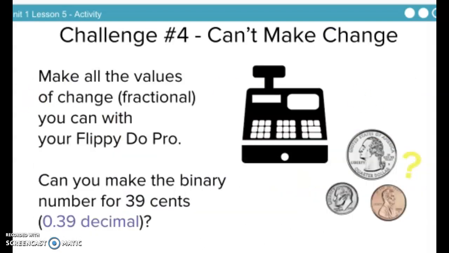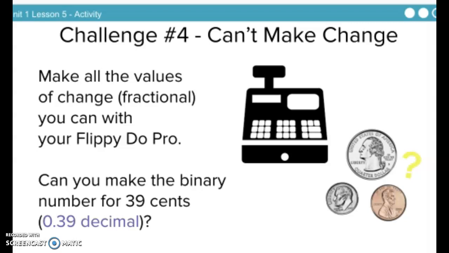Okay, so challenge 4, make all the possible fractions in binary using the Flippy Do Pro. You'll notice that there are no new values besides those made in challenge 3 because there are no place values for representing other fractions.